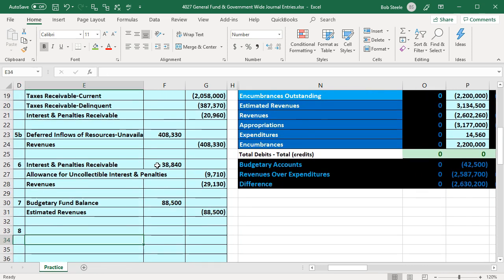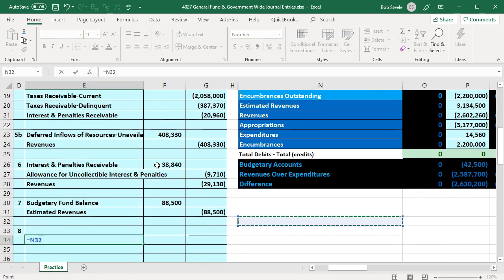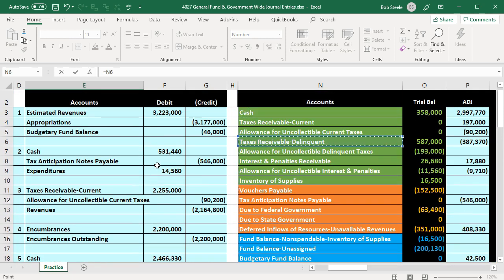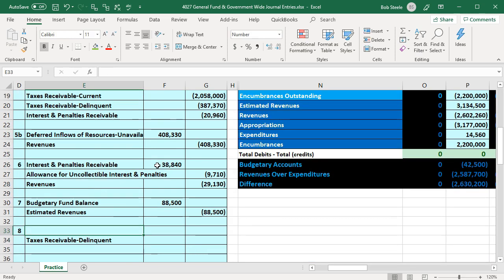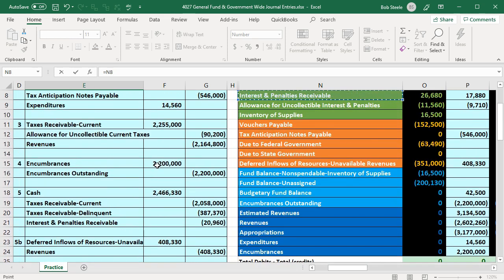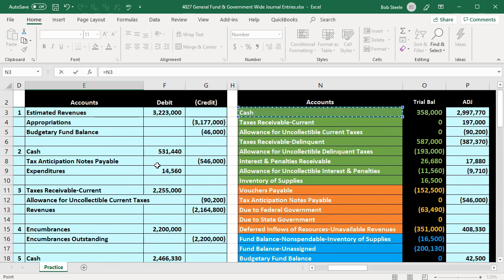So I'm going to put the receivable on the bottom here. And so that's going to be the taxes receivable delinquent. And then we'll put the allowance on the top. I'm going to do this, again, not with two debits on top, so it's a little out of order in terms of debits and credits, but I think it makes more sense this way.